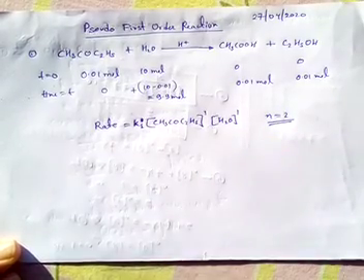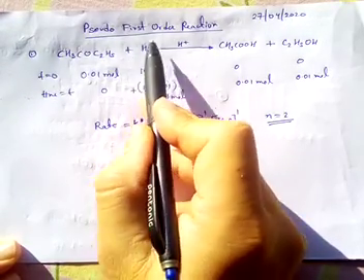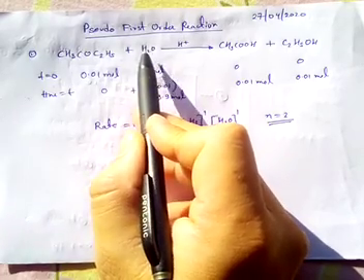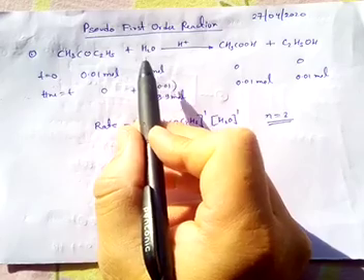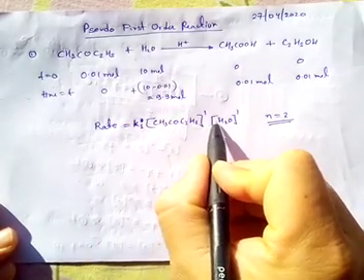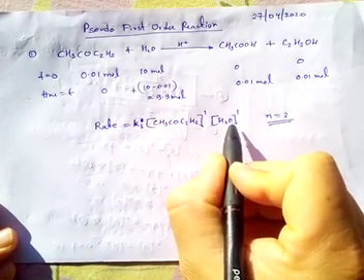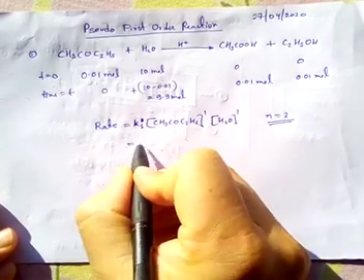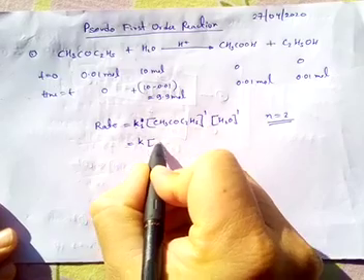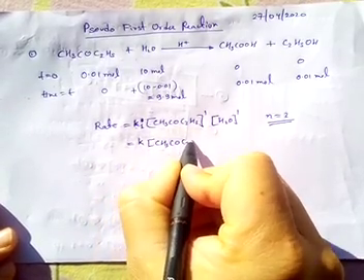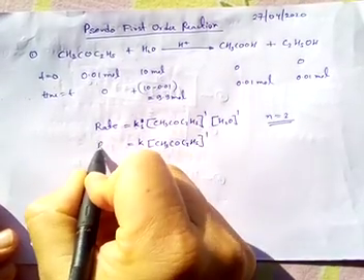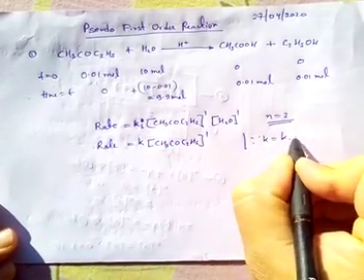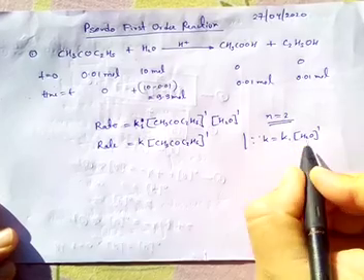But what happens in the whole process is, since one of the components is present in a very large amount, we can say the amount of water practically remains unchanged. So the concentration of water remains unchanged, that means it is a constant term. Now this constant and this constant we can together write as a k, times CH3COOC2H5 to the power 1. So rate equals k times the ester concentration, where k equals k1 times the concentration of H2O, because this is also constant.